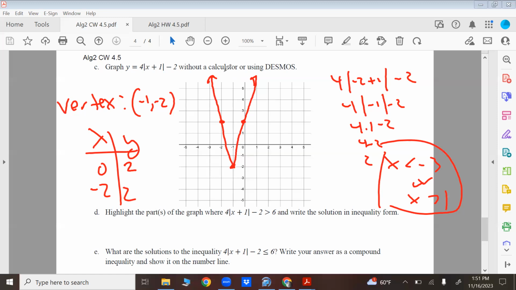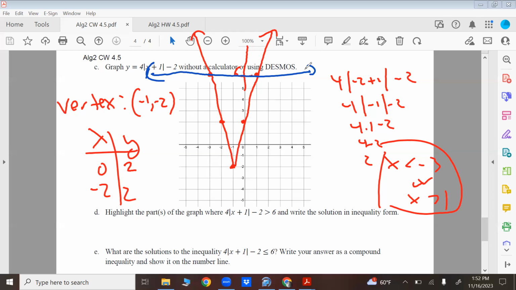Now, the question was, you want this to be bigger than 6. Actually, let me do my graph a little more neatly. So here's y equals 6.